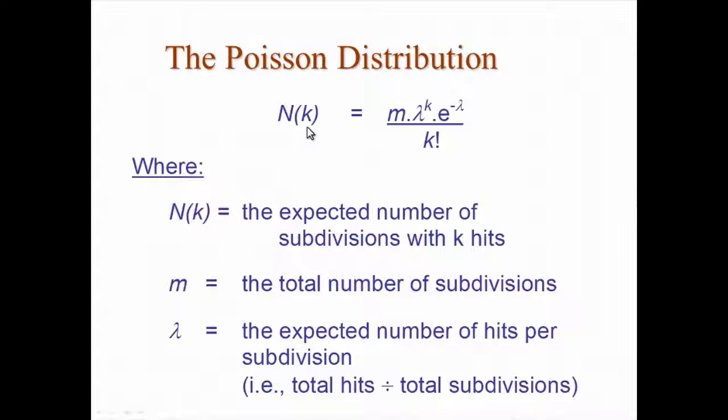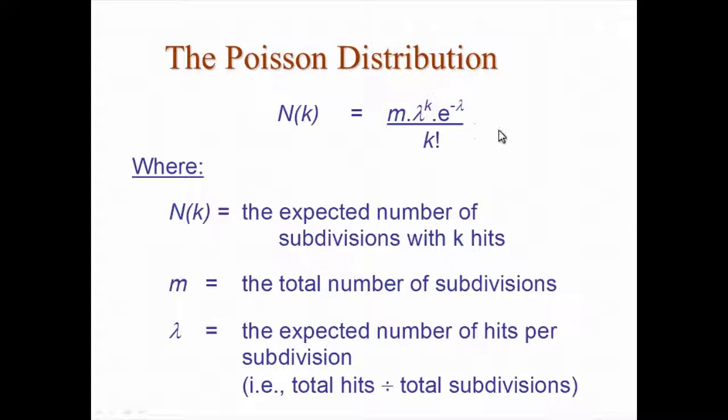We can calculate n of 0 and then keep on going up as far as we want. Practically, we might not want to go much past n of 7 or n of 8, because there was a maximum of 7 points in any square in the grid that I just showed you.